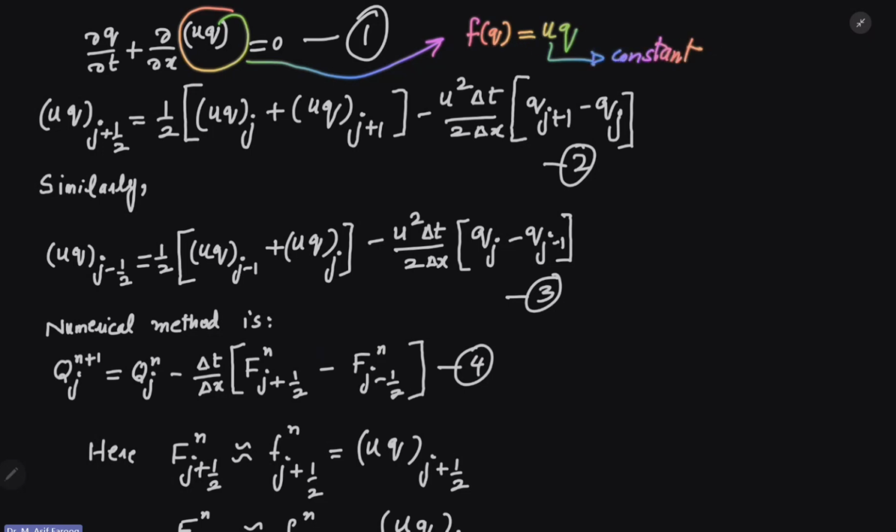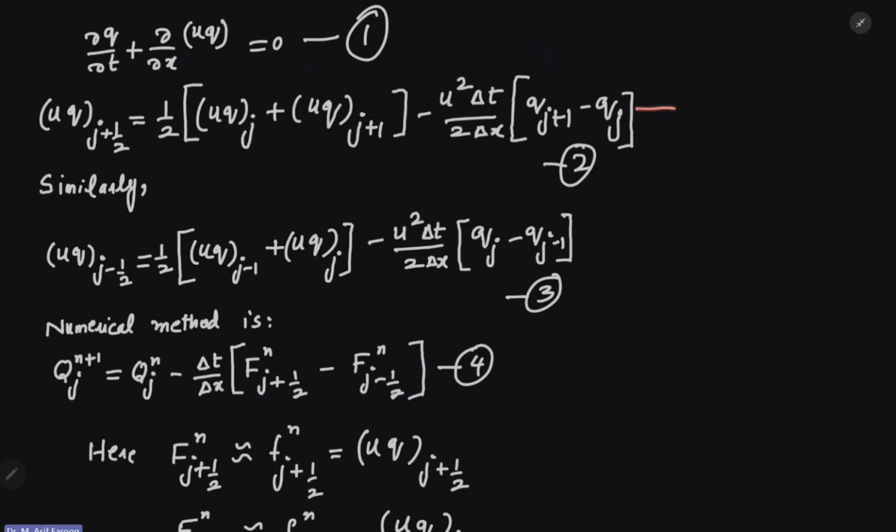So this is our physical flux. This is our numerical flux. If you are given any flux at j plus 1/2, then you have to construct j minus 1/2 yourself, then put all these values in the numerical method. This is the general numerical method for advection equation only.